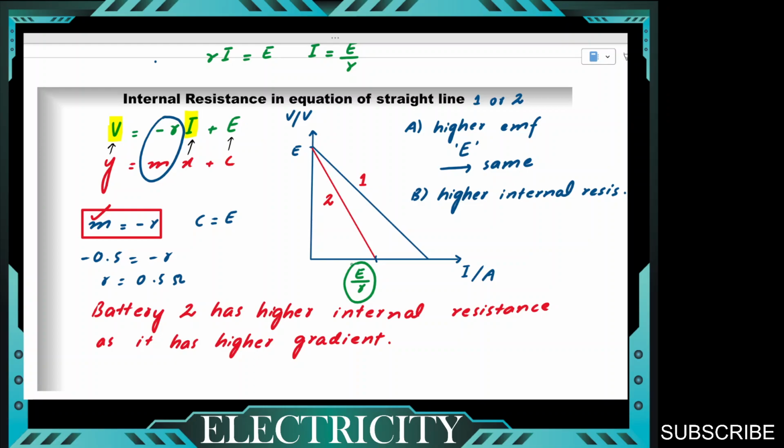And I hope both of you agree to this thing, that the unit of E over R would be amperes, because E is the EMF, which would be in volts, and resistance would be in ohm, and volt per ohm is your current. Matter of fact, the formula for the current is V over R. The EMF and resistance, but of a special kind.